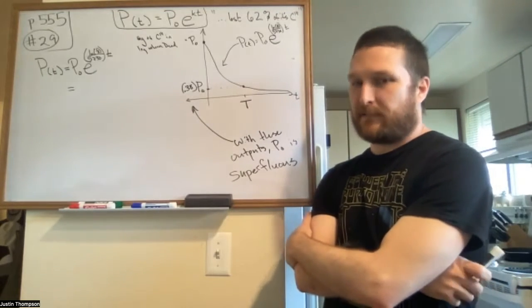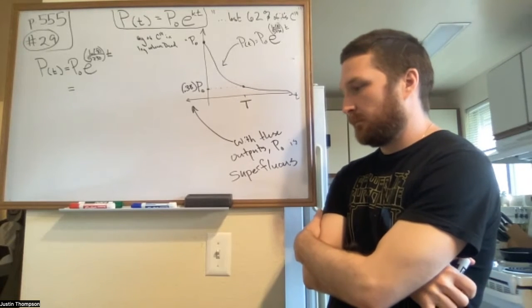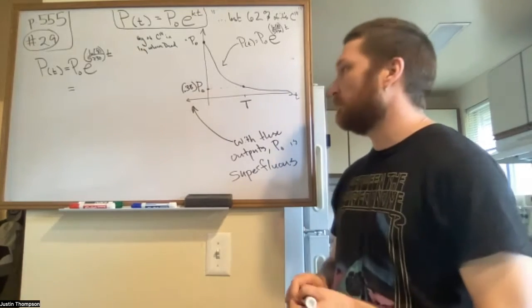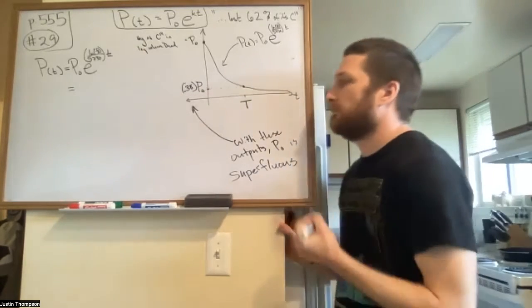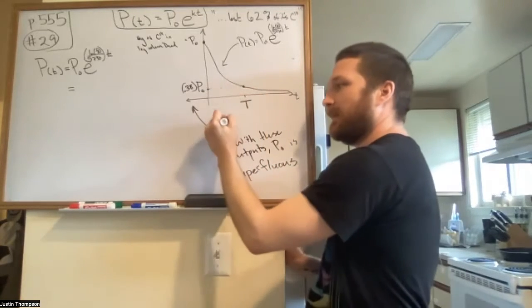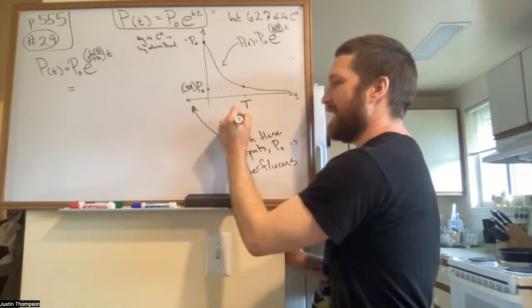Where's my input axis? T. I didn't write anything about it, but the big T is the thing that we're looking for. This is the age of the thing.